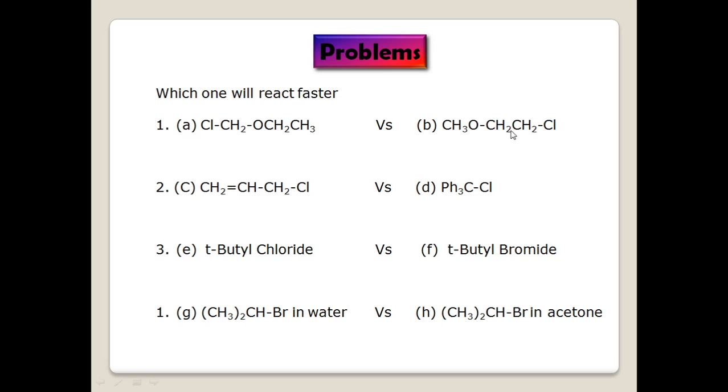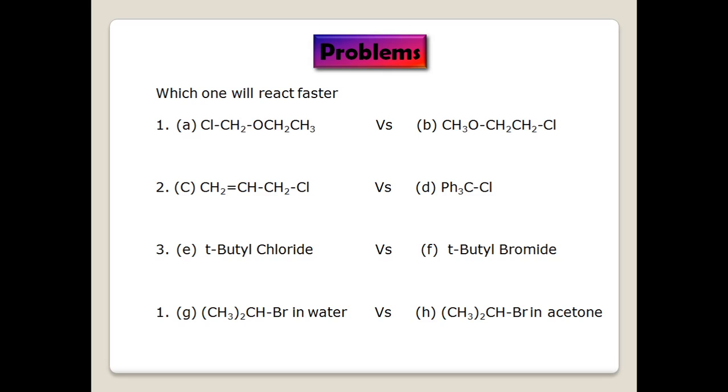This kind of facility is not available in compound B since oxygen and the carbocationic carbon are apart. In between them one extra carbon came, and indeed we will get here a minus I effect of the OCH3 group.